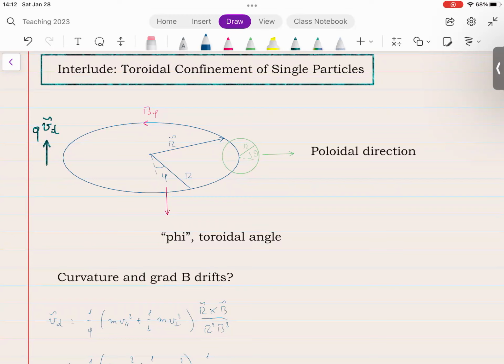So if I look at the circle in the poloidal plane, I'm going to see a magnetic field that every time it goes around the torus in the toroidal direction once, comes back to a different poloidal direction in general.